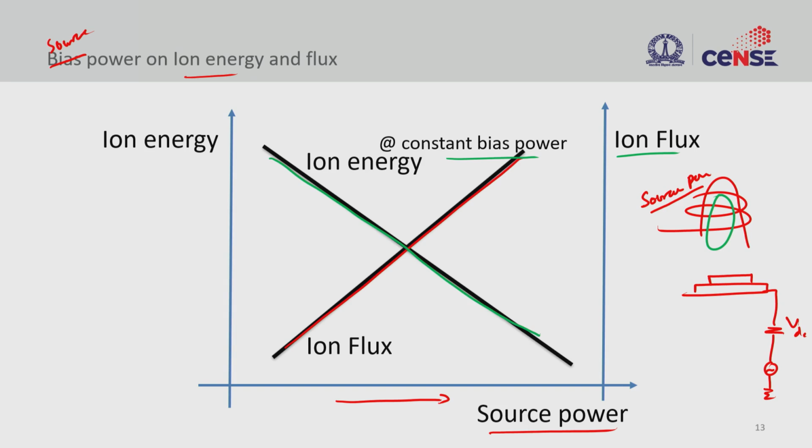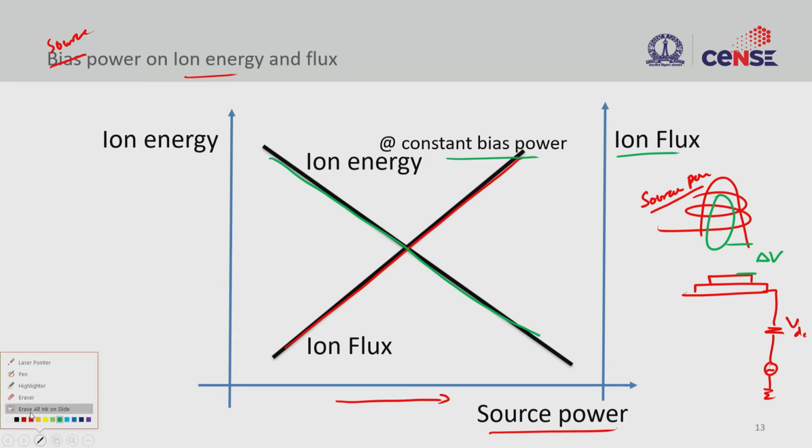Why is that? The reason for reduction in ion energy has to do with the potential difference between your plasma and VDC, your wafer and your plasma. So your energy depends on the potential difference between the plasma and your wafer. Initially the plasma was at slightly lower potential, let's say, but now I am energizing it by increasing the source power.